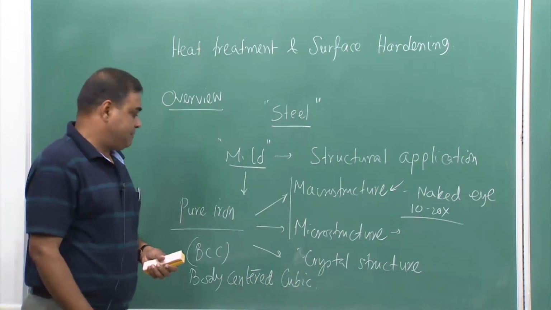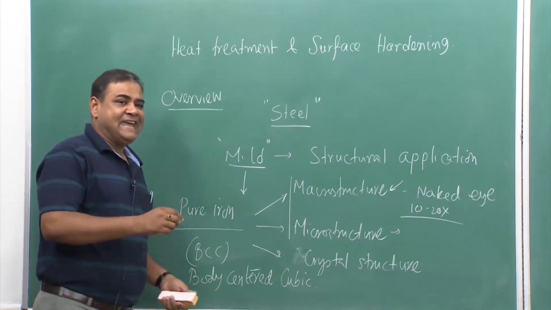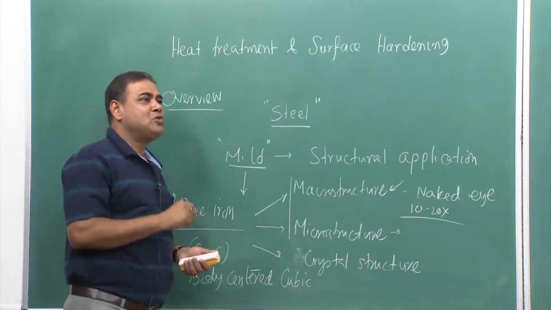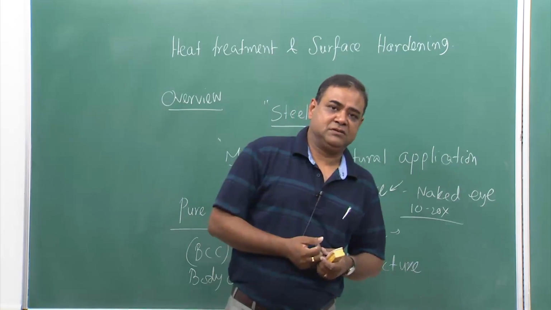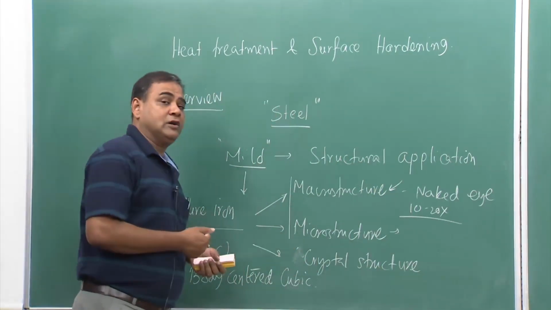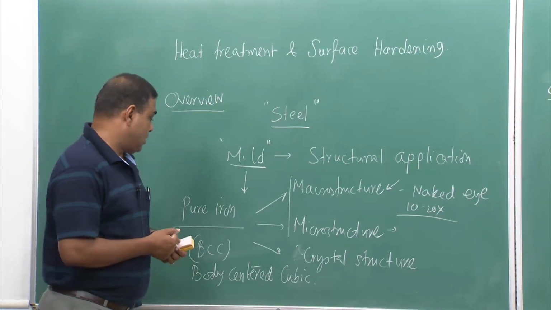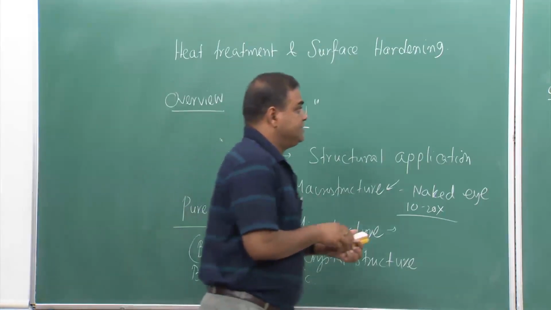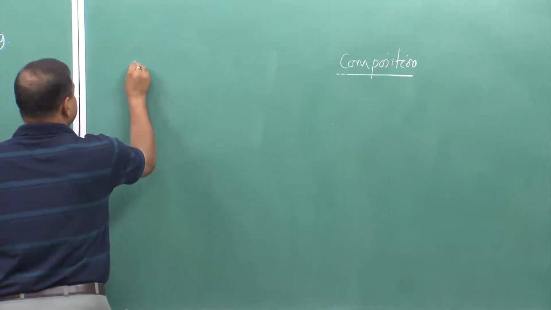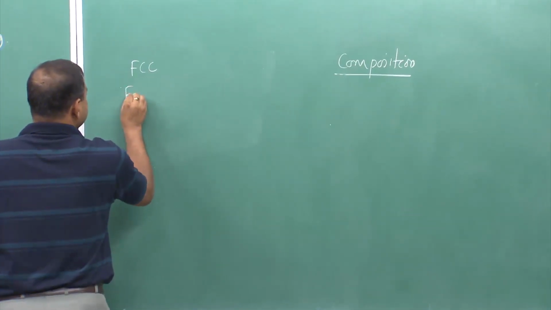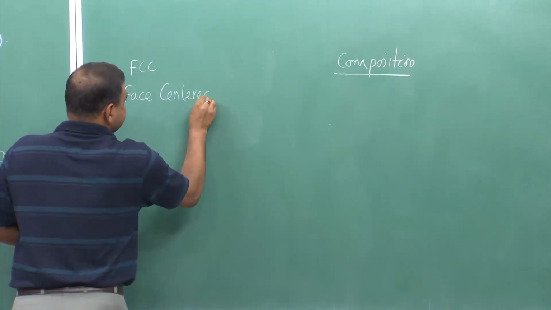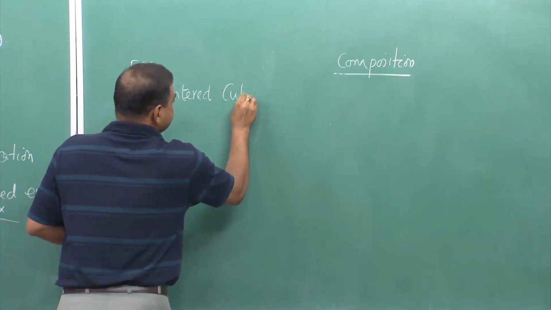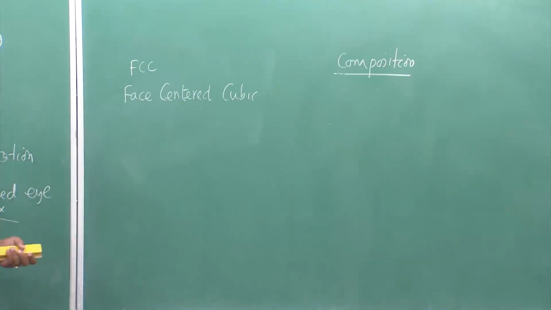Now, if we take this pure iron to a temperature of more than 910 degrees Celsius, we have a different structure. That structure is called FCC, which is face centered cubic.